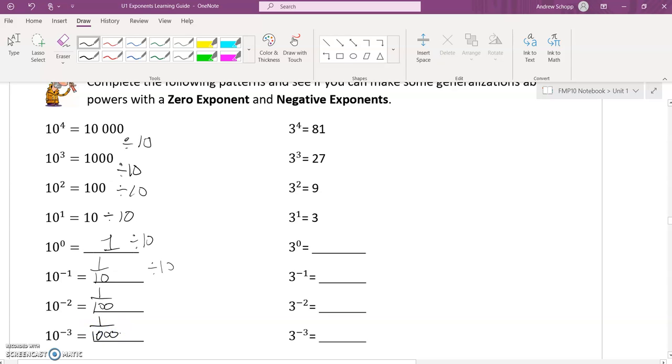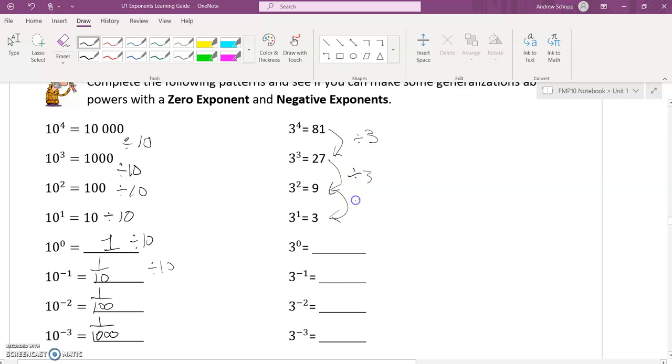Okay, let's compare that pattern to the one on the right. Here, from 81 down to 27, we're dividing by 3. And we can see that because we have one less factor of 3. In the first one we have 3 to the power of 4, so 3 times 3 times 3 times 3. And the next one we only have 3 3's. So we've divided by 3 to go from 81 down to 27. And that will continue on and continue on.